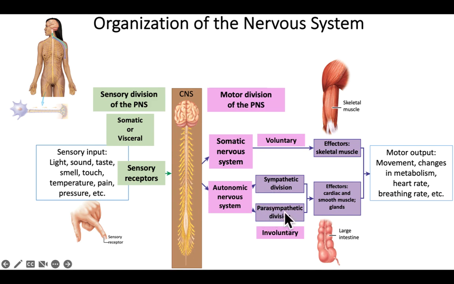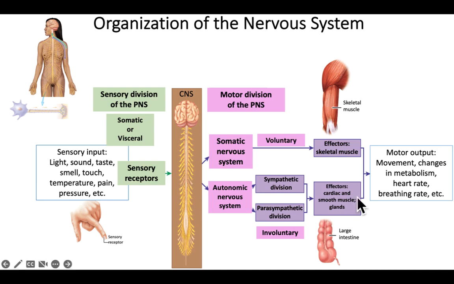And there's going to be a whole chapter dedicated to this, and that comes towards the end of the semester. It's, to me, one of the most important chapters because this is the division that controls your heart, smooth muscle organs like your GI tract, respiratory tract, urinary tract, reproductive tracts, and glands.